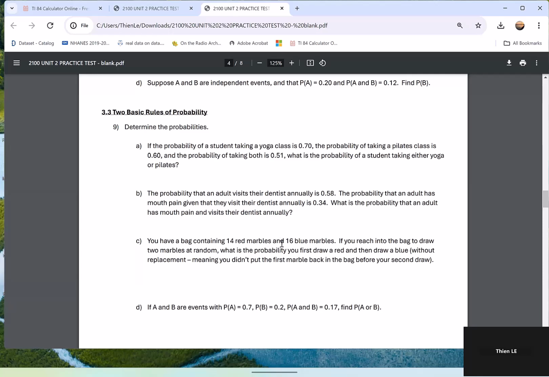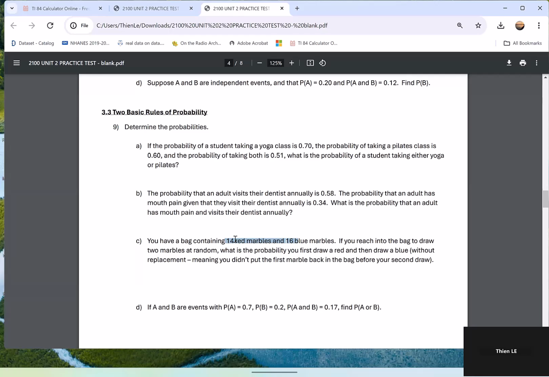And the probability of a second blue, given the first red, will be 16 out of 29. Because you drew one red out and didn't replace it, you have 29 in total now. Because you drew red, you have 13 red left and 16 blue left, so it will be 16 out of 29.